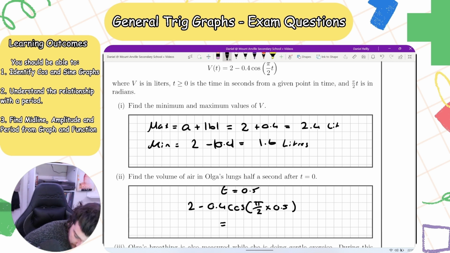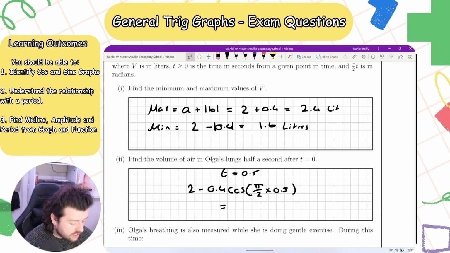I'm just typing it in now. If you put that into your calculator, you get V(t) is equal to 1.717 litres.